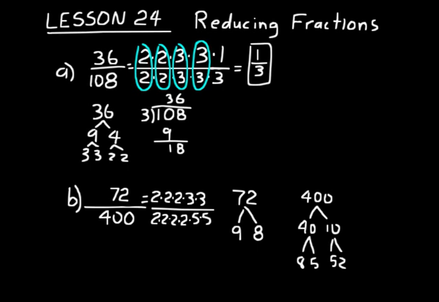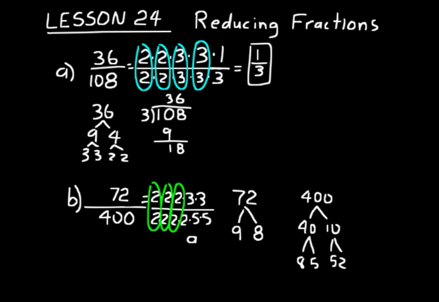Now let's look at all of our fractions that equal 1 basically. We have a 2 over 2, another one, another one, and then that's it. All of those would equal 1, so we don't worry about those. We just look at the 3 times 3 over the 2 times 5 times 5, and we end up with 9 over 50.